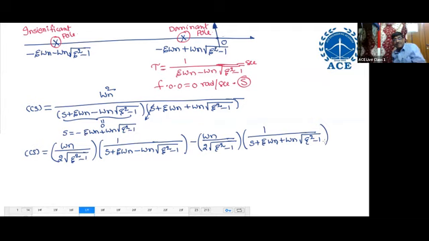Take this term, substitute in s, and for the other term you get minus omega n by 2 root of zeta square minus 1.